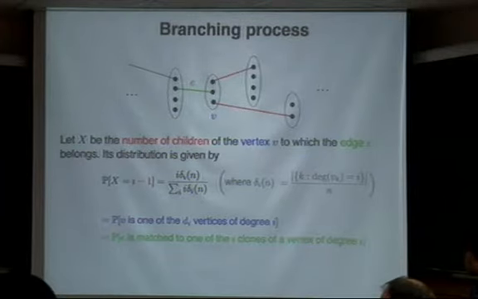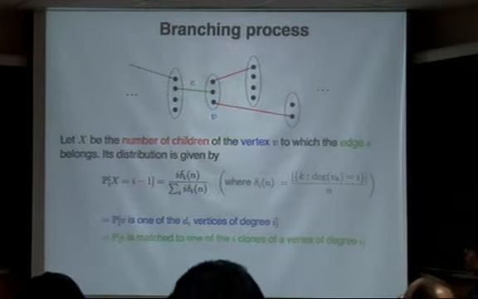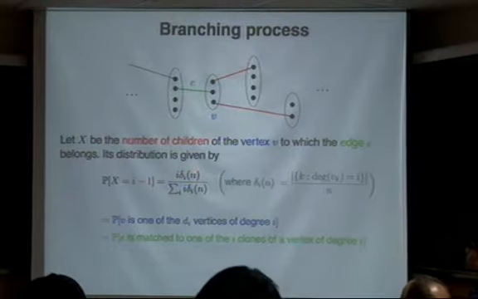I'm just repeating the same thing so that you get used to it. In terms of numbers, there are D_i vertices of degree i. We cloned each vertex according to its degree, so there are i times D_i cloned vertices related to degree i, and we normalize it, so this is the probability.